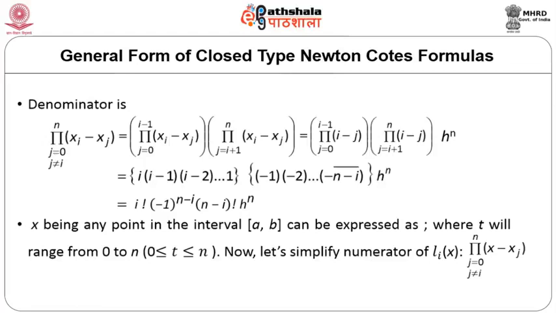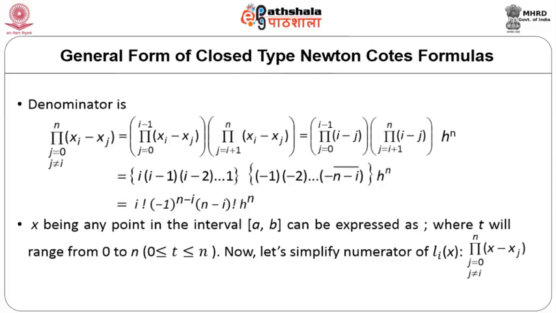The product i into (i minus 1) up to 1 gives me i factorial. And here in minus 1, minus 2, ..., minus (n minus i), there are n minus i terms. Taking minus 1 common from each term, we get (minus 1) raised to n minus i, and then the factors are 1 into 2 into 3 up to n minus i, so that is (n minus i) factorial.